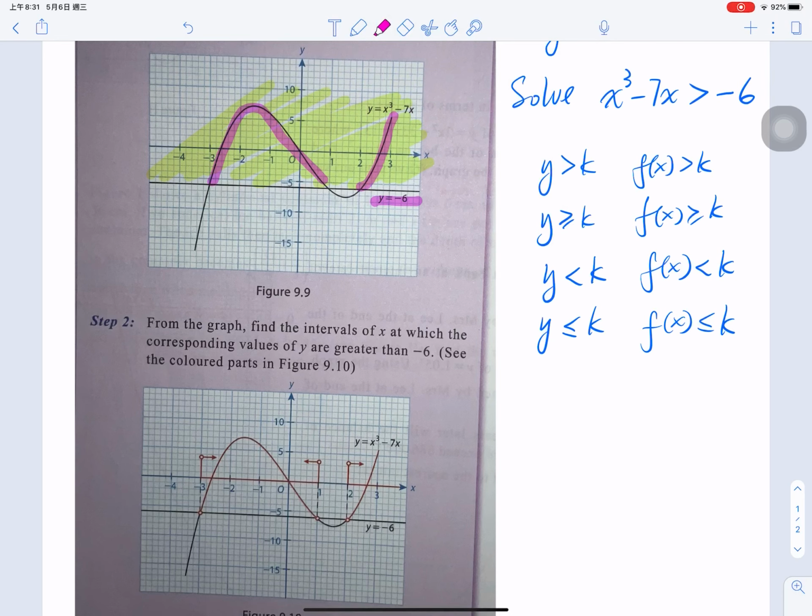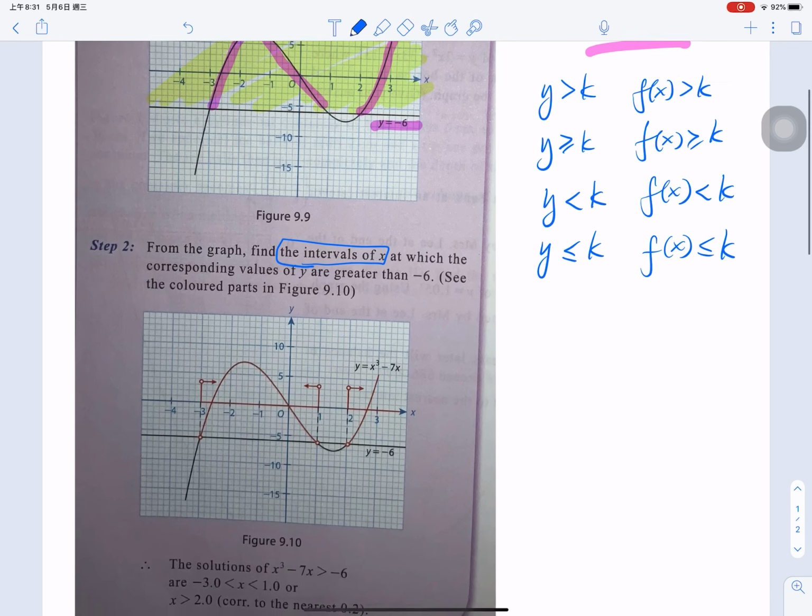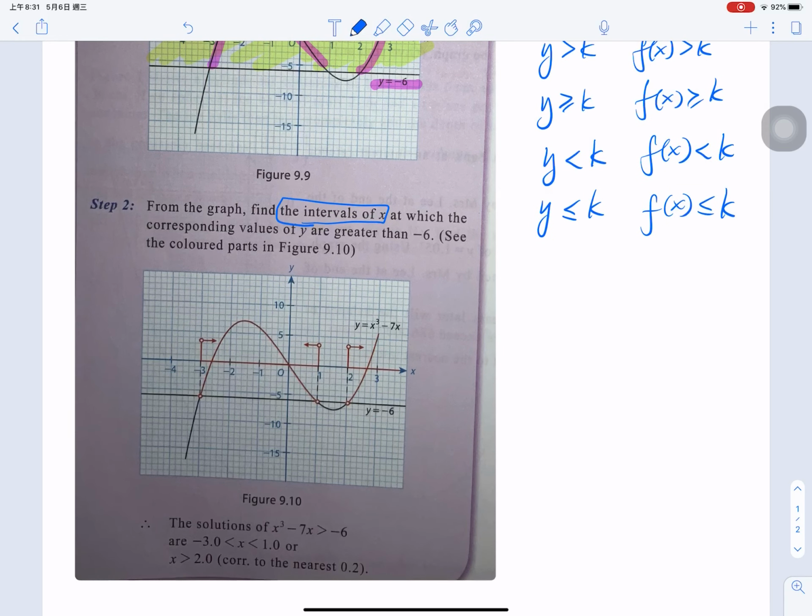So we need to find the corresponding intervals of x, which correspond to values of y greater than negative 6.